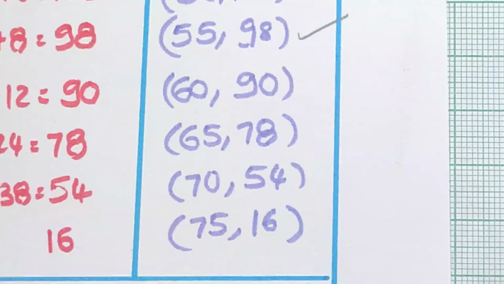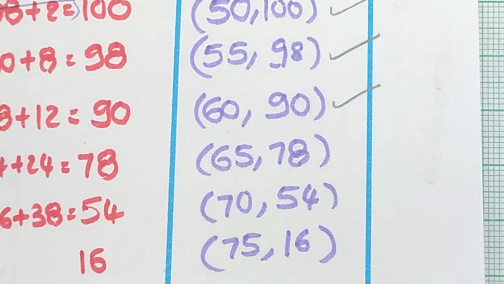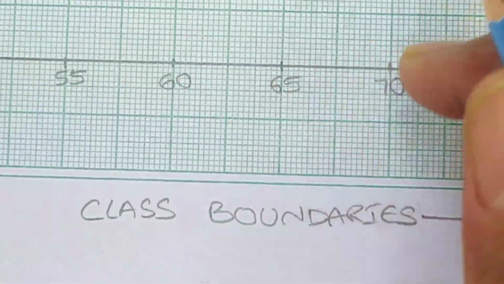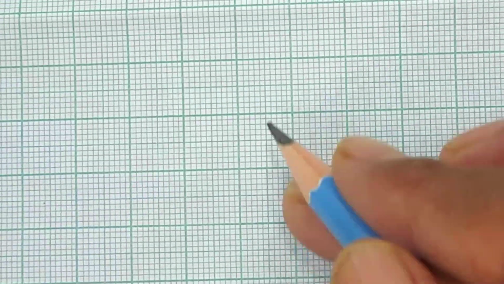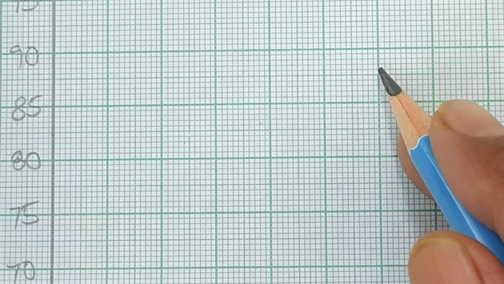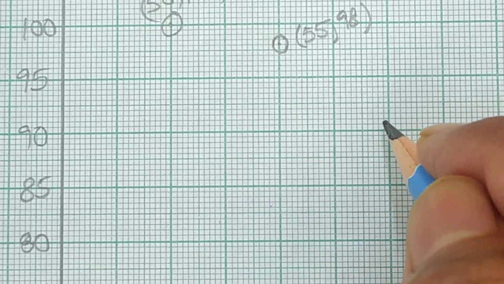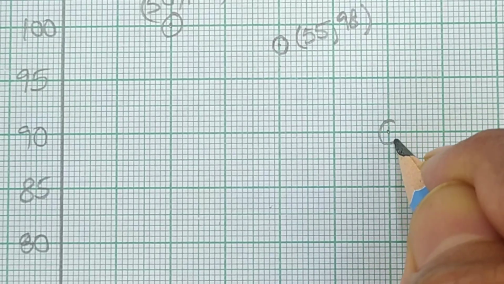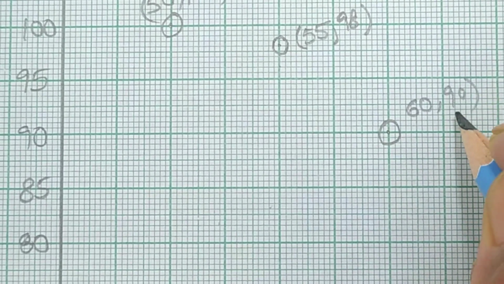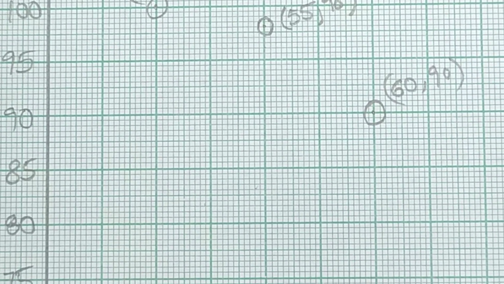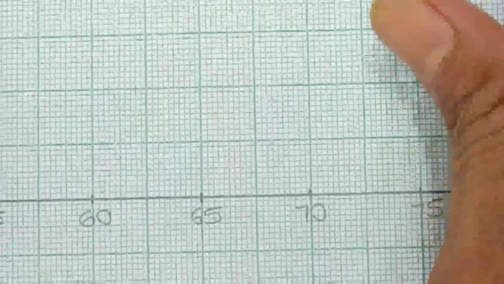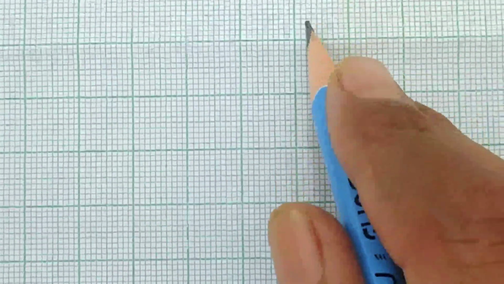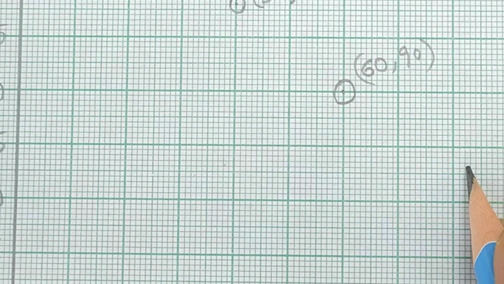Let us see the third point. Third point is 60, 90. Here is 60. You move on the 60 and here is 90. So this is 60, 90. Clear? Now next point is 65, 78. Here is 65. If you go on like this, here is 65 and 78.